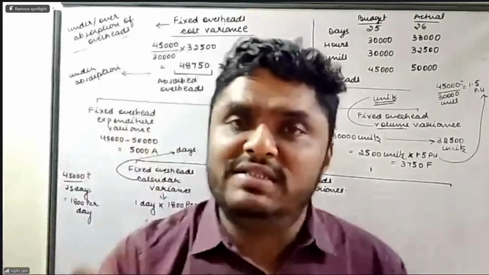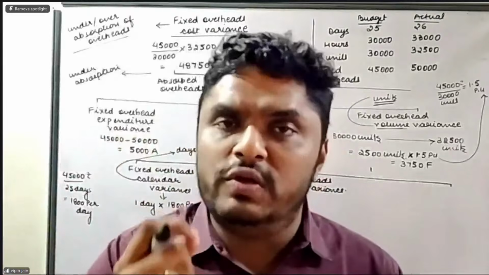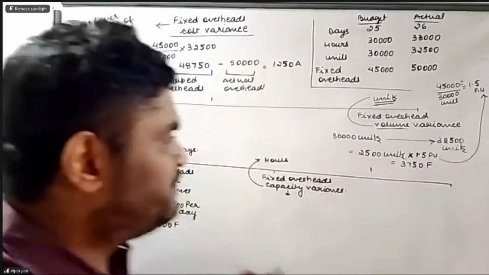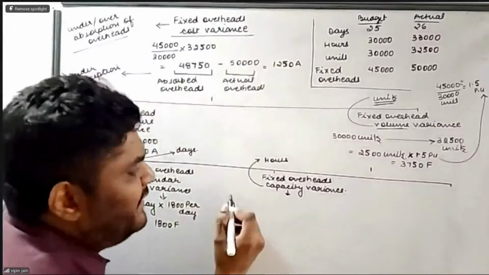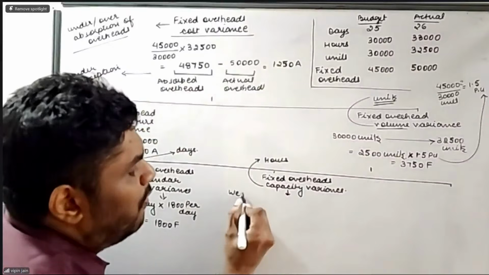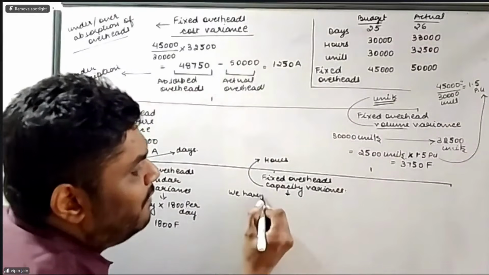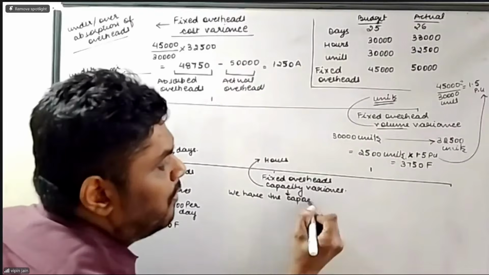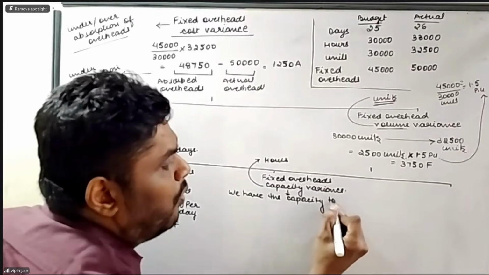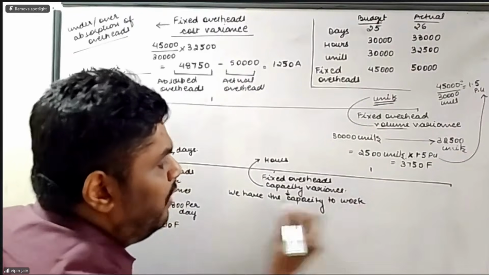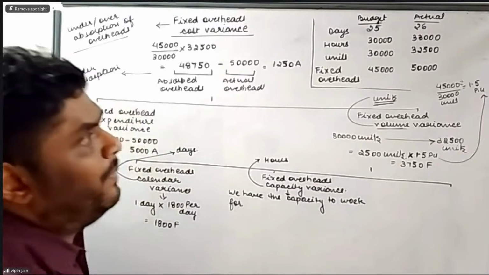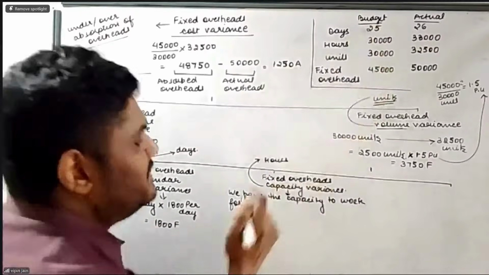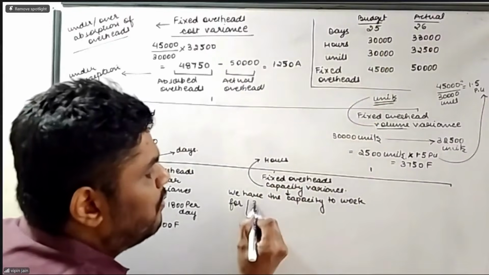Just for your understanding, I'm writing the explanation also because it's the trickiest part. So our capacity: we have the capacity to work for 30,000 hours in 25 days.